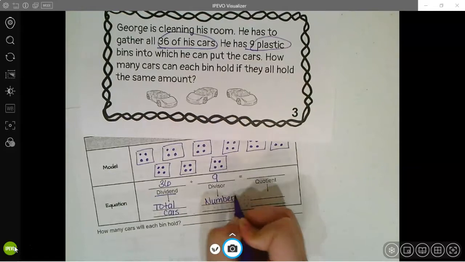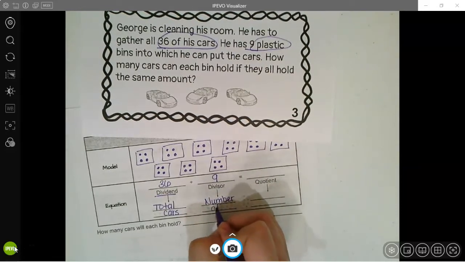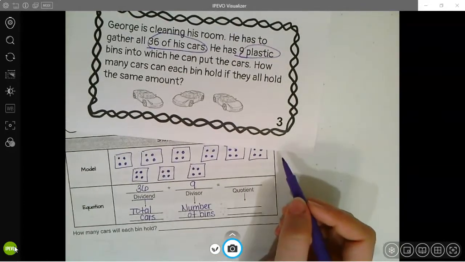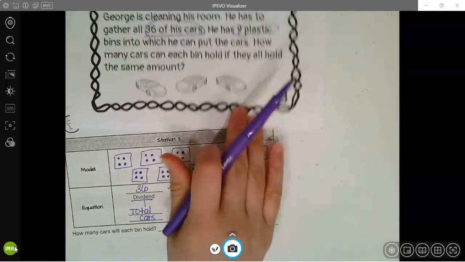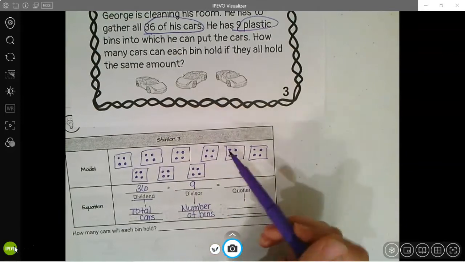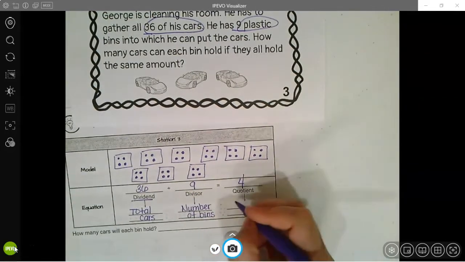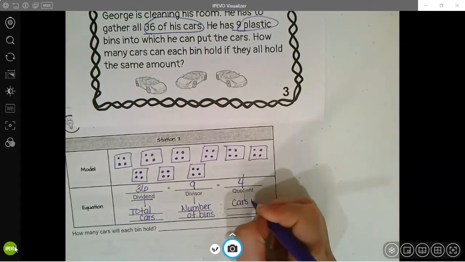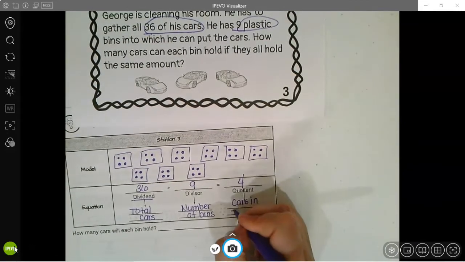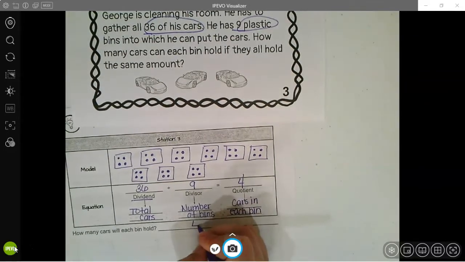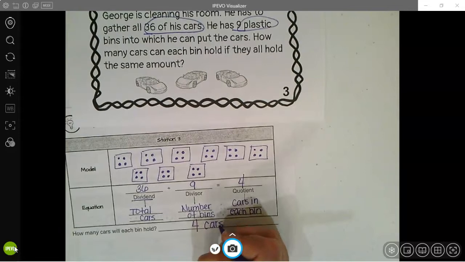And that's our number of bins. And then our quotient is what we put in each bin. So we put 4 in each bin. Okay, and that was 4 cars in each bin. So how many cars? 4 cars.